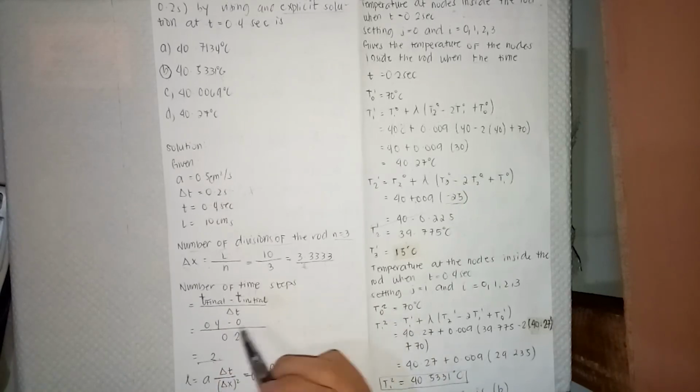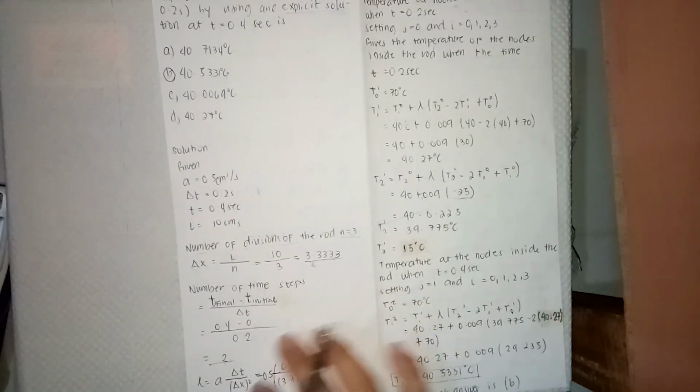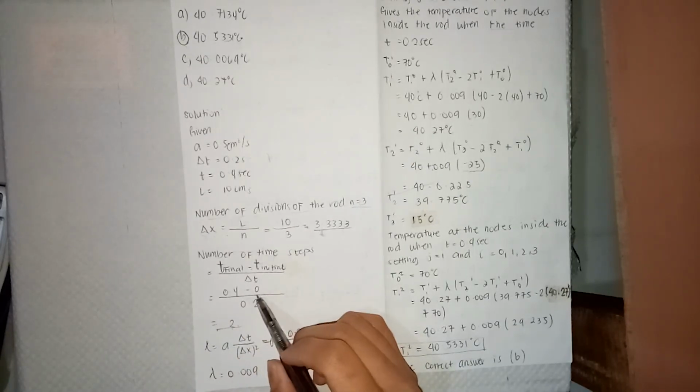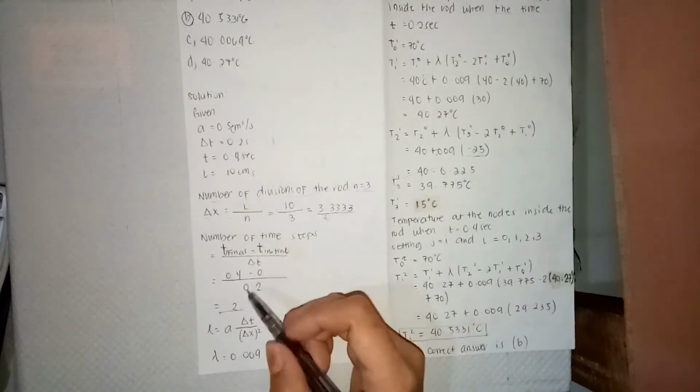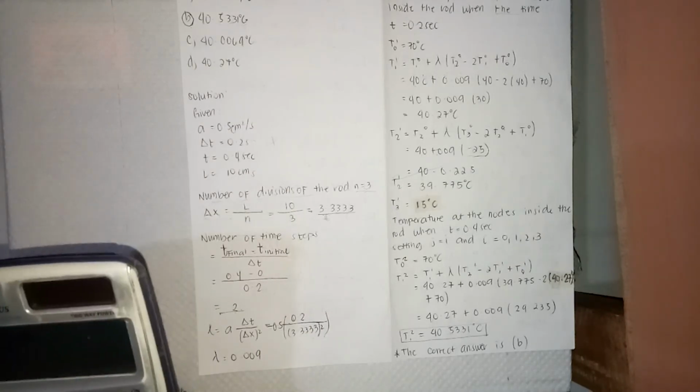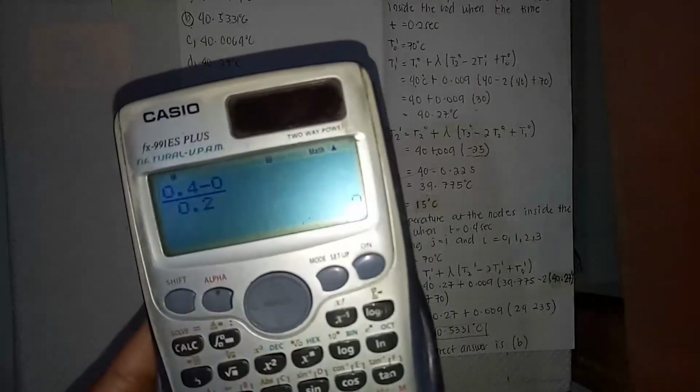Our final time is 0.4 and our initial time is 0, while our delta t is 0.2. So 0.4 minus 0 over 0.2, and we will get the answer 2.